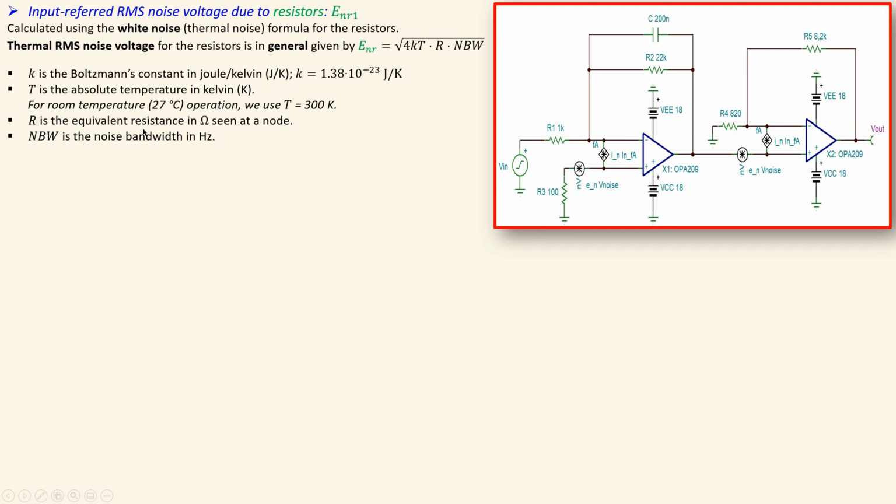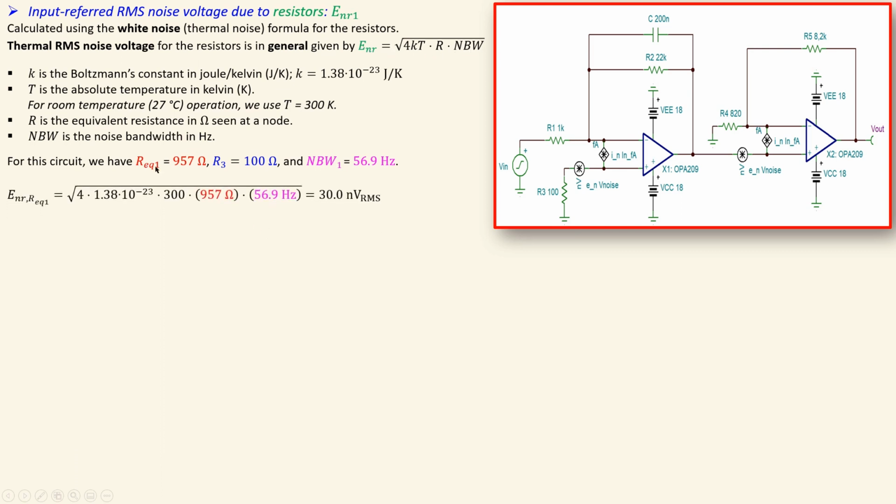R is the equivalent resistance seen at the node, and also we have the noise bandwidth in hertz. Now for this first stage, we have the first equivalent resistance and also the R3, and also the noise bandwidth of 56.9 hertz. So these are the necessary parameters to substitute in this formula.